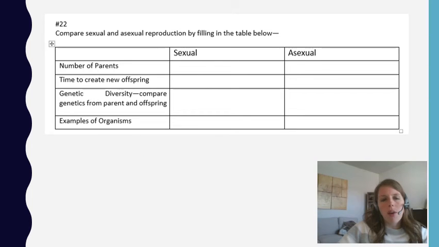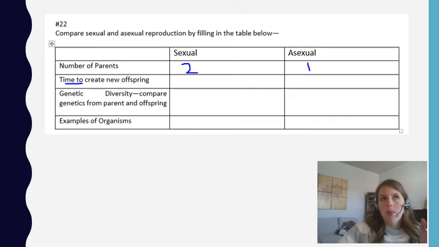All right, this is something we just also recently talked about, is number 22, compare sexual and asexual reproduction by filling in the table below. So I bet you guys can help me do this. Number of parents for sexual reproduction, 2. For asexual, 1. Time to create new offspring.